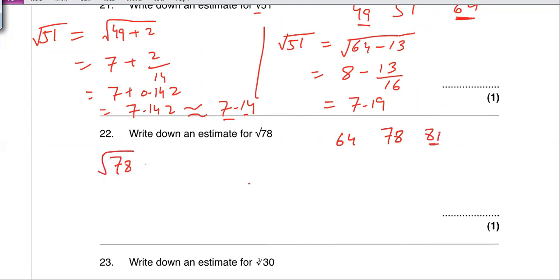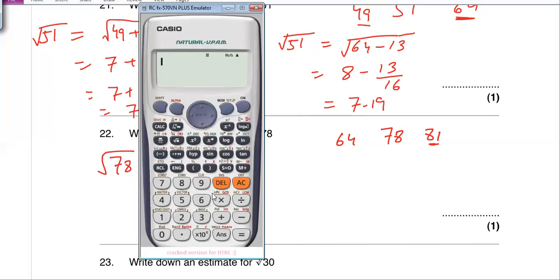Square root of 78, now I can write it as square root of 81 minus 3. Now what is the square root of 81? It is 9, minus 3 over double of 9, which is 18. So 9 minus 3 over 18 will be 8.8333.